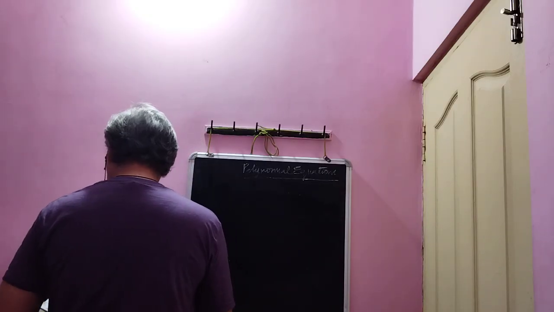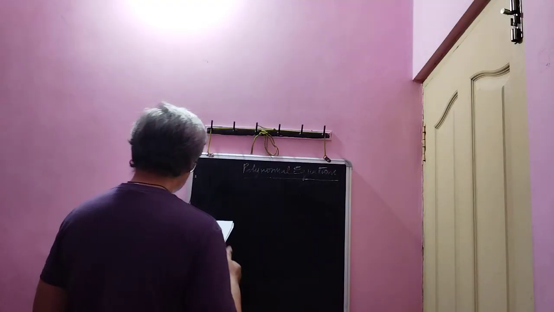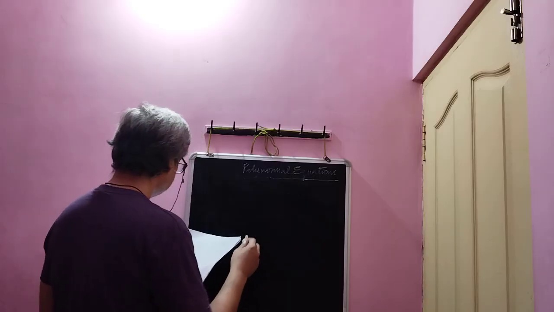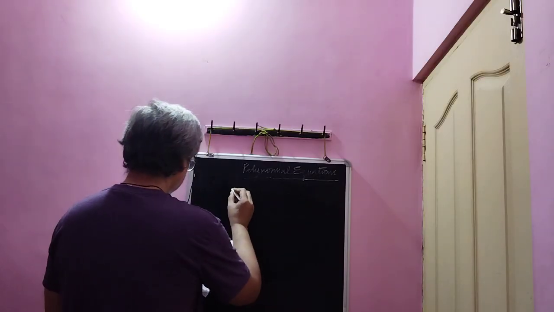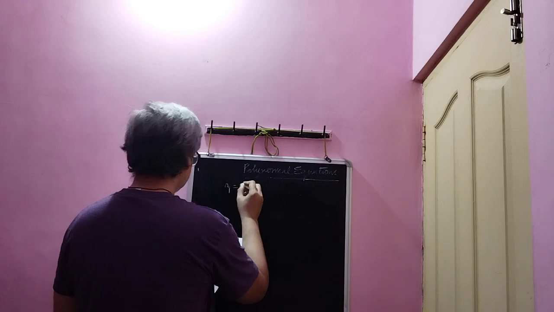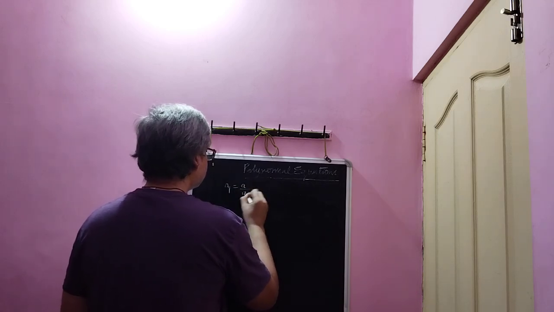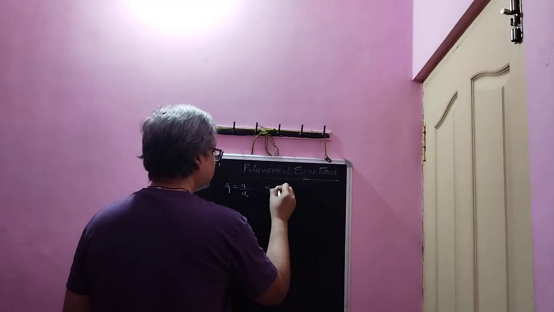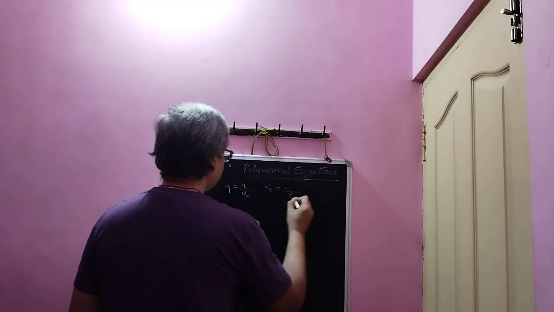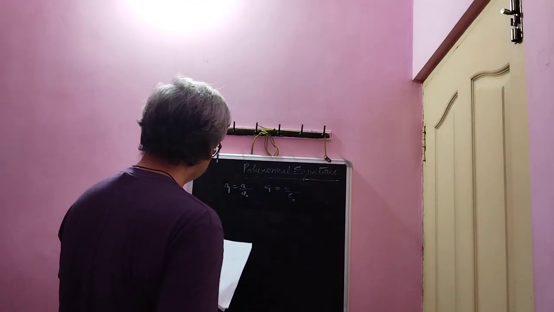So now we try and solve that one. We have A1 is equal to A by A naught and C1 is equal to C by C naught. We assume some values for A naught and C naught.